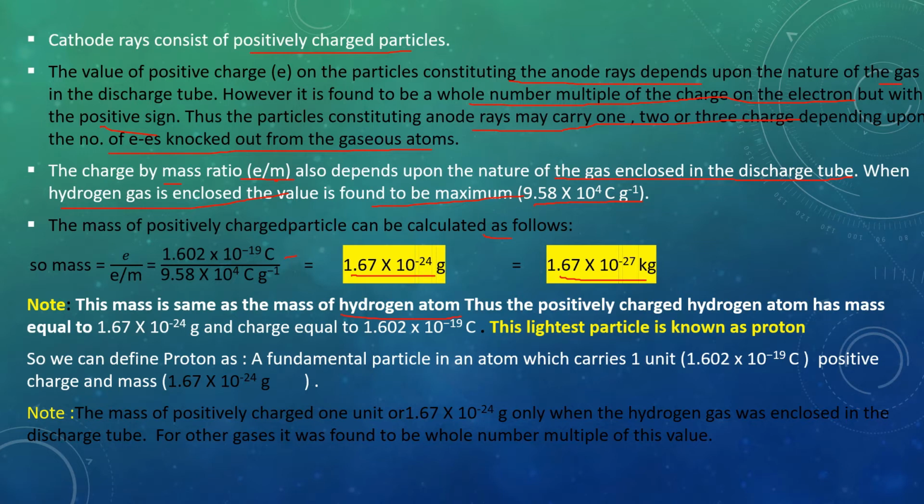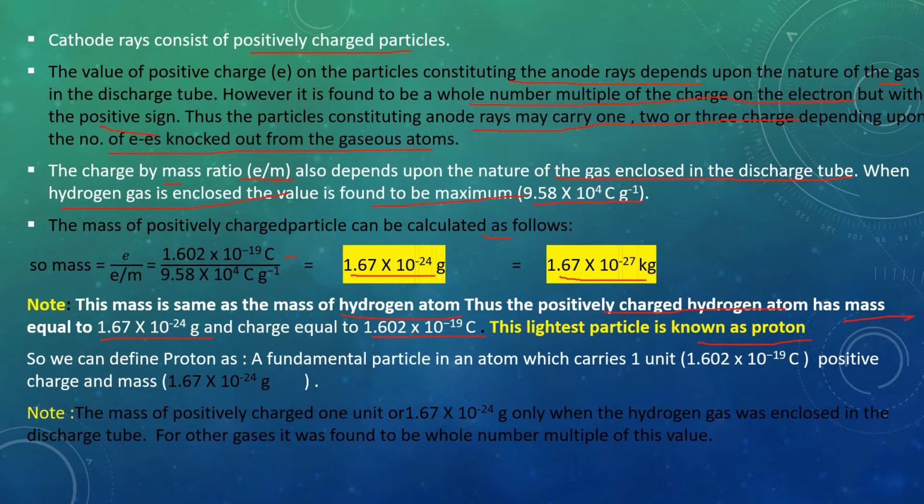Thus the positively charged hydrogen atom, meaning the hydrogen atom from which one electron is knocked out, has a mass equal to 1.67 x 10^-24 gram, and its charge is 1.602 x 10^-19 coulomb positive charge. This lightest particle is known as proton, that is H+ is called proton.